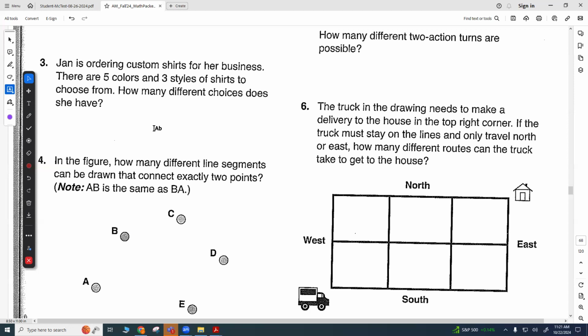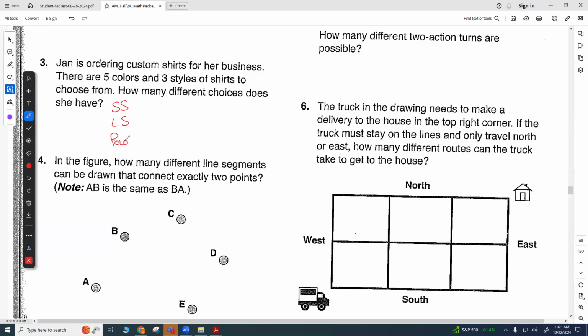So for example, we might have short sleeve, long sleeve, and polo.